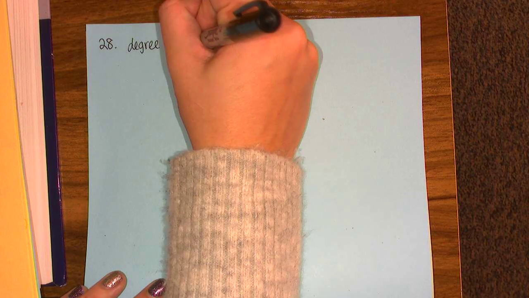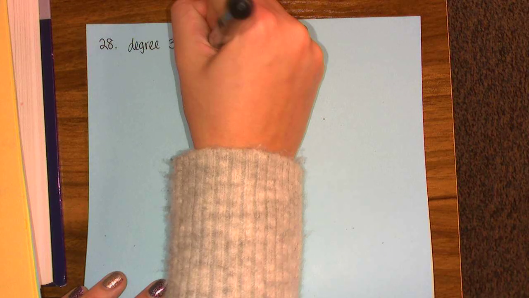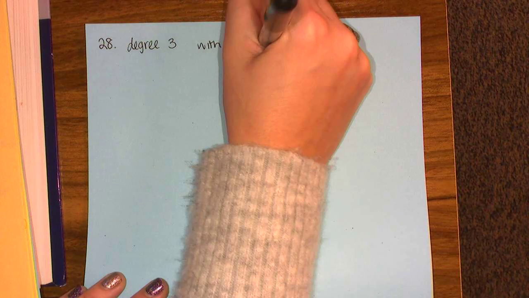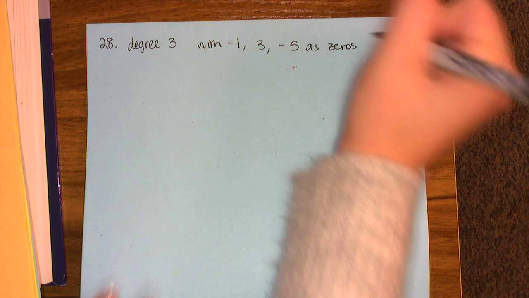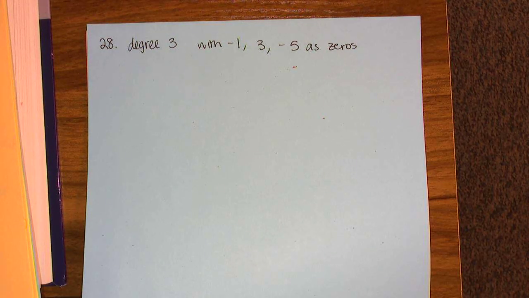We have -1, 3, and -5 as zeros. And it says that the polynomial function will have a leading coefficient of 2.